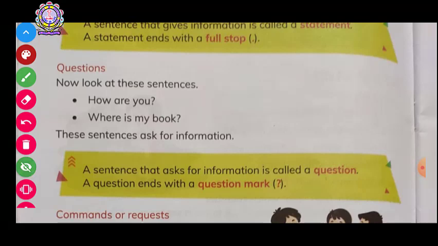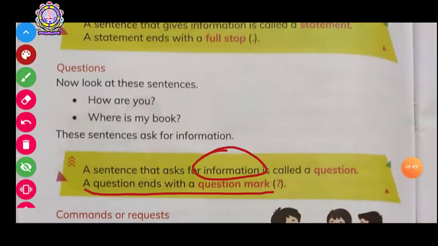A sentence that asks for information is called a question. I've told you before that something which is asking for information is called a question. A question ends with a question mark. Isn't it easy? A statement is what?